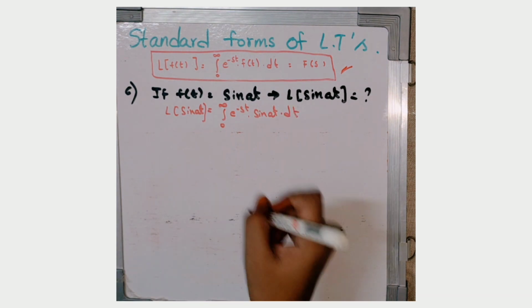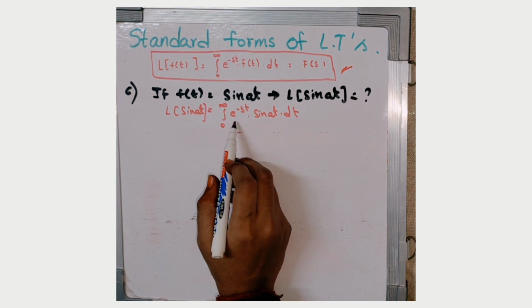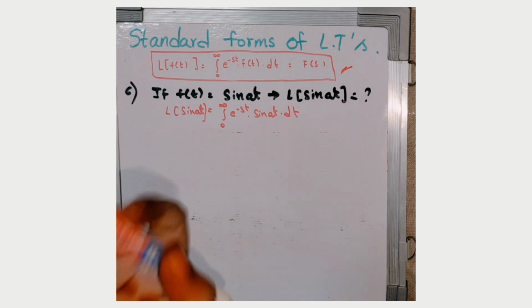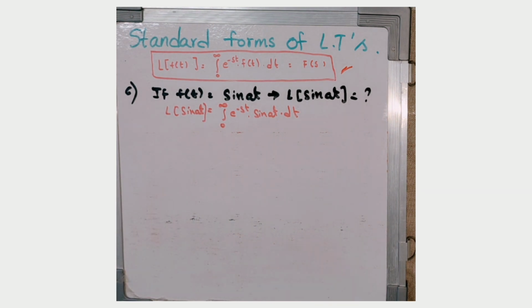If you want, you can do the integral by the uv method, or the method I told in the previous videos, so that you can follow. Or we have a direct formula for e power minus st sine at, and you can simply use that.